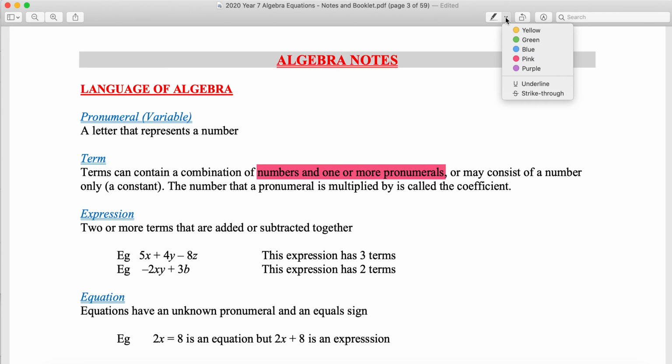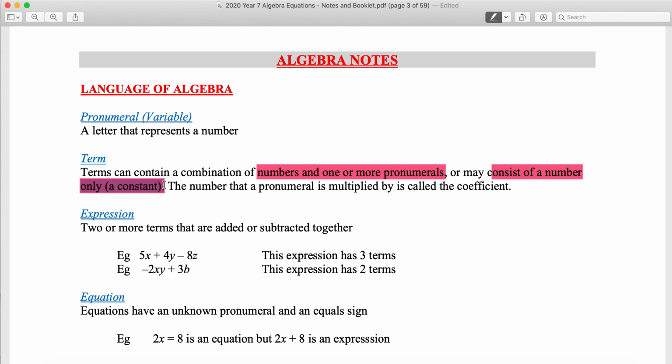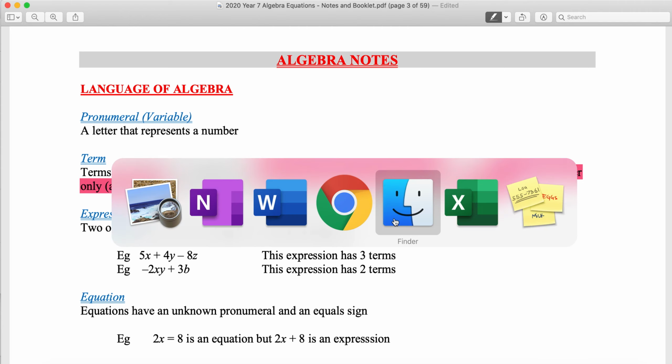I want you to highlight, please: it can consist only of a number, and when that happens, we call it a constant. And the number that a pronumeral is multiplied by is also called the coefficient. So we're going to break all this up.